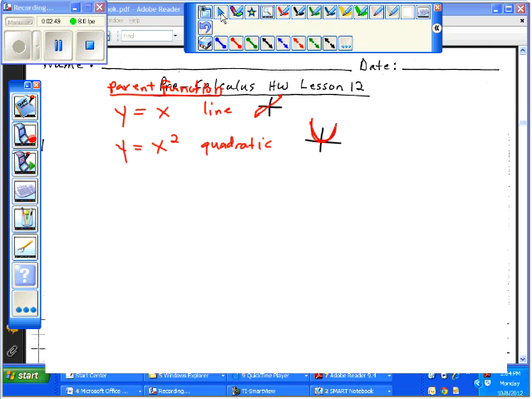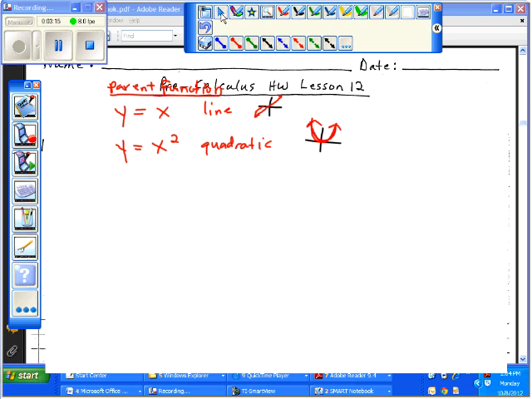This should be symmetrical. And the origin is the vertex. Remember that? It opens up because A is positive and all those things you've talked about. The vertex is a minimum. A is positive, so it opens up. We'll discuss that some more in another lesson.